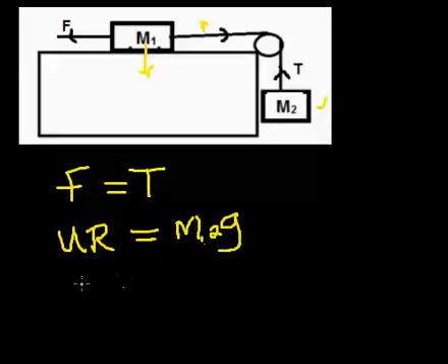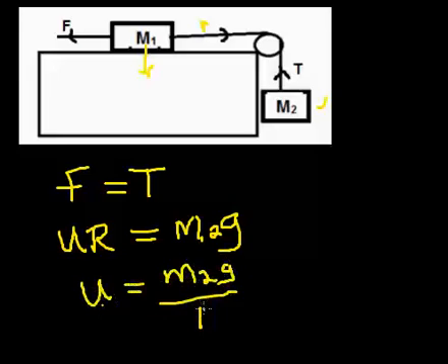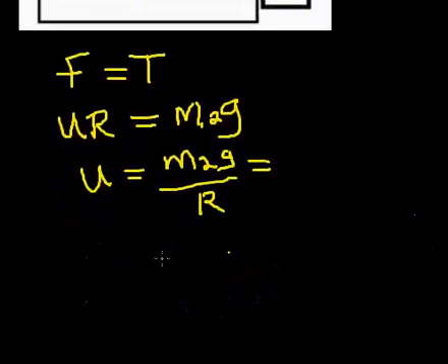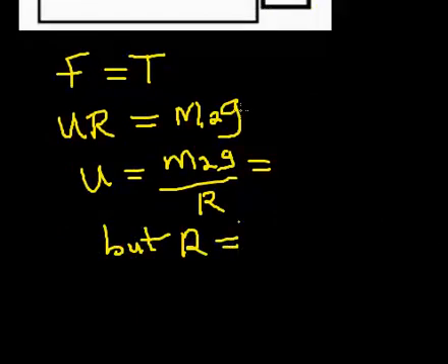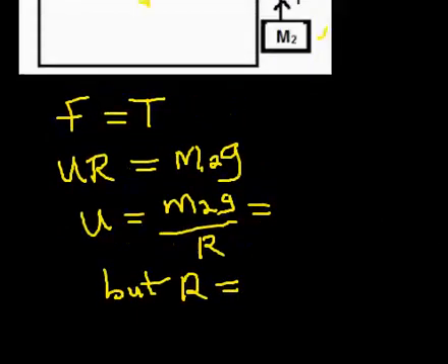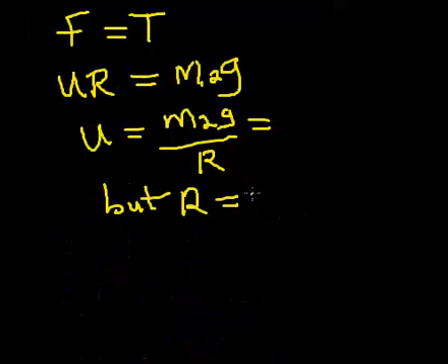So if we want to get this coefficient of static friction, it's going to be m2 multiplied by g, then divided by normal reaction. Now remember when I told you that normal reaction is equal to weight. We already know that the normal reaction is equal to the weight of the body on the surface. The body on the surface is m1, so the weight is going to be m1g.